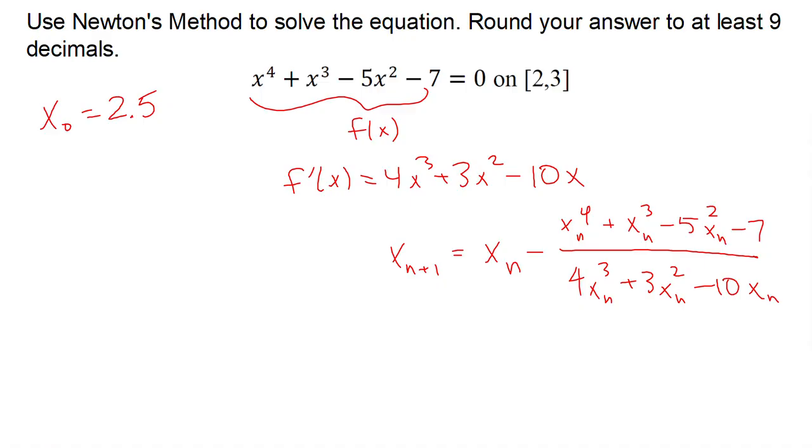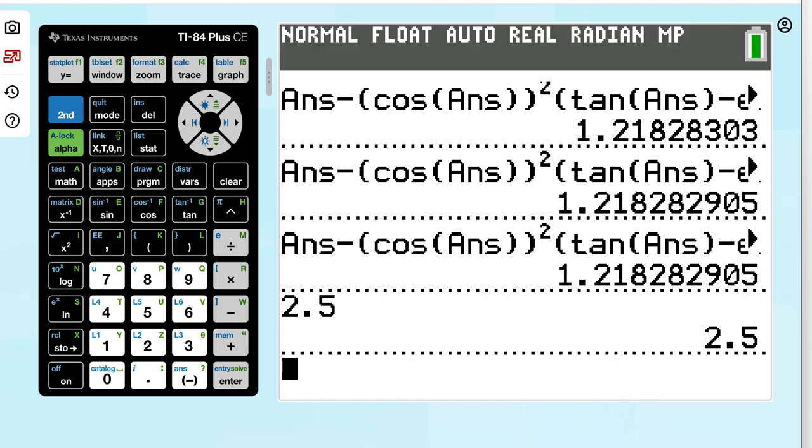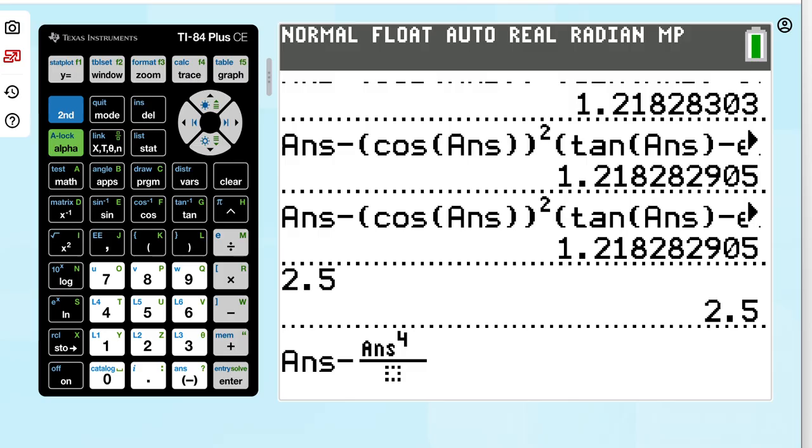And so we'll now just plug this into our calculator, starting with 2.5 this time. We have answer minus our nice little fraction here. And we had x sub n to the 4th, plus x sub n to the 3rd.